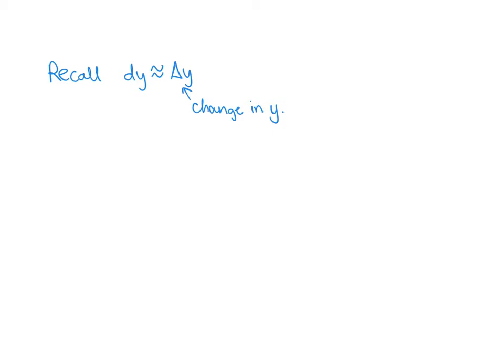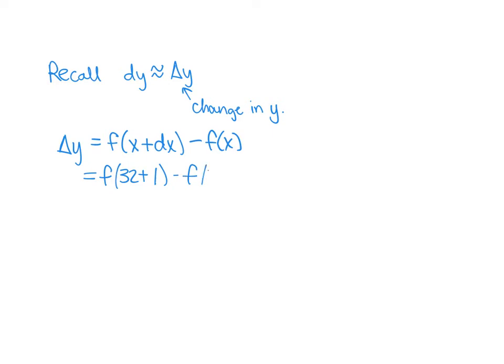Okay, so we can find the change in y here. The change in y for our example is f of x plus dx minus f of x, as we recalled from the last video. Okay, here we know what x is. x is 32 and dx is 1. And then we have minus f of 32.